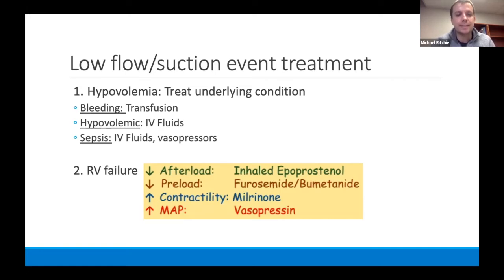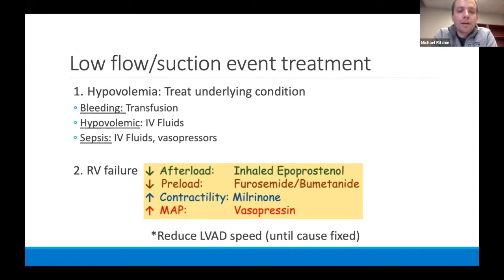Increase contractility to improve the performance of the RV, and increase your MAP, which can add perfusion and increase the filling of the LV. Vasopressin works well because it increases systemic vascular resistance to increase your MAP, but it actually decreases pulmonary vascular resistance to help the RV. So vasopressin is the vasopressor of choice if you're having RV failure.